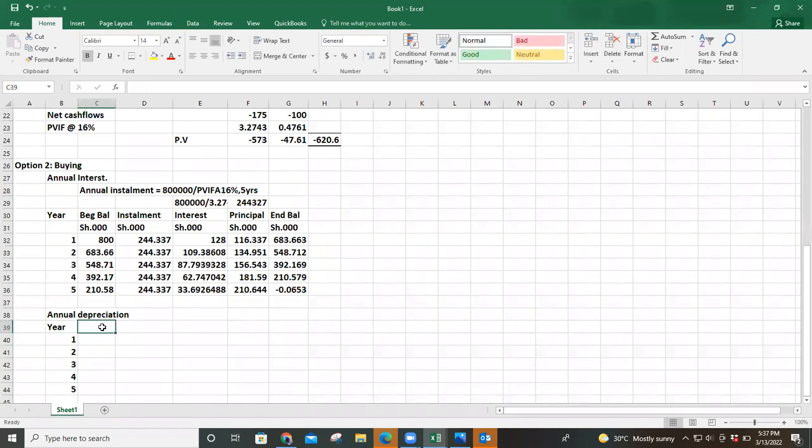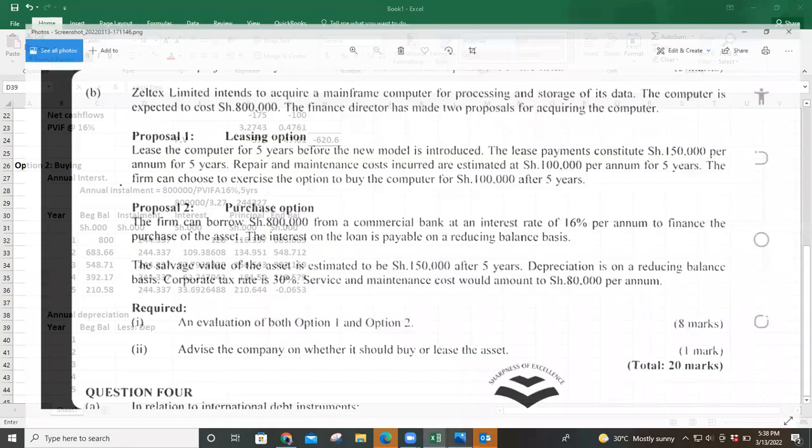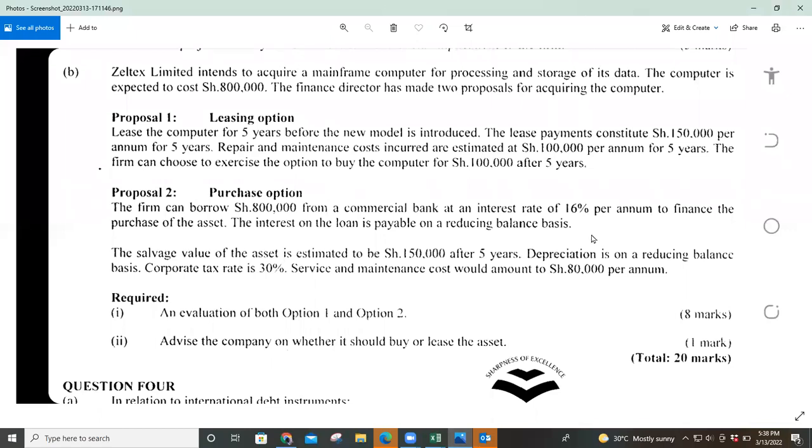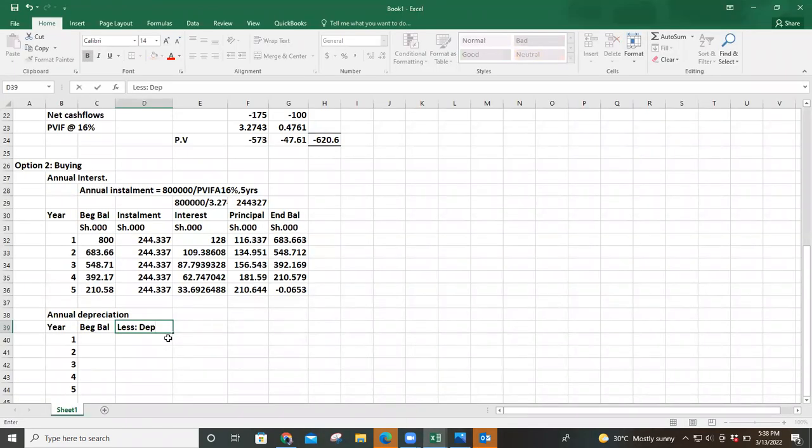I can have the beginning balance, which will be reduced by depreciation. We're told at what rate? Depreciation is on reducing balance basis. Corporate tax is 30%, so we need to less the depreciation. Then we have the end balance.